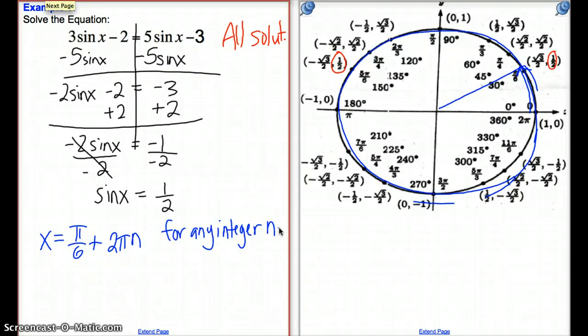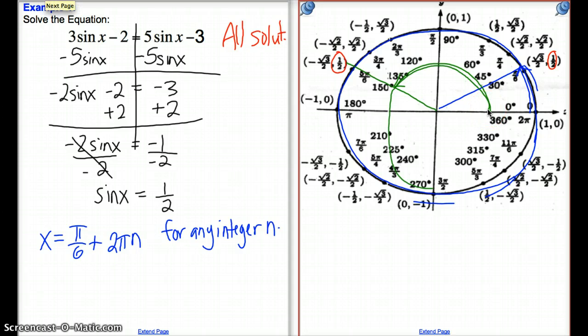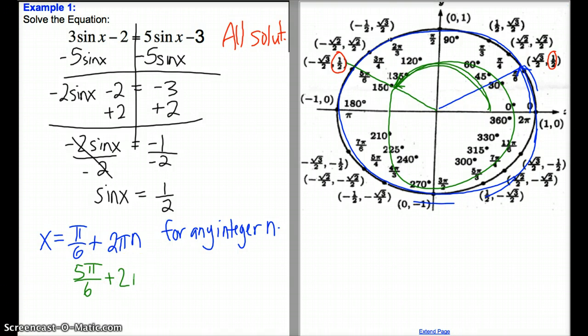Now that's not the only one. Remember 5 pi over 6 was the other angle. But once again, I could go straight to 5 pi over 6, or I could go to 5 pi over 6, then go one more full circle. That's still going to have the same sine value. It's still going to be 1/2. So we describe that one as 5 pi over 6 plus 2 pi n again.